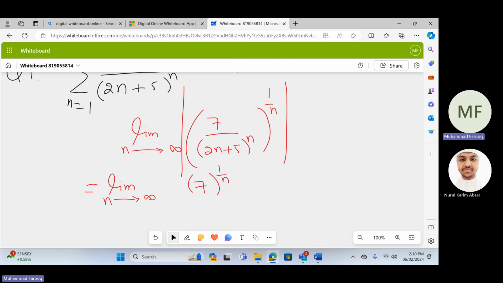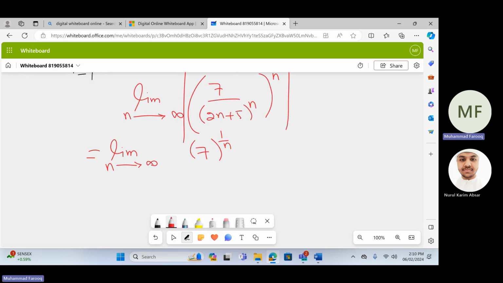And then the denominator, which is 2n plus 5 to the power n. Now also calculate its nth root, and it has absolute value. You understand? I apply the nth root separately in the numerator and denominator. Okay? So of course it cancels out.